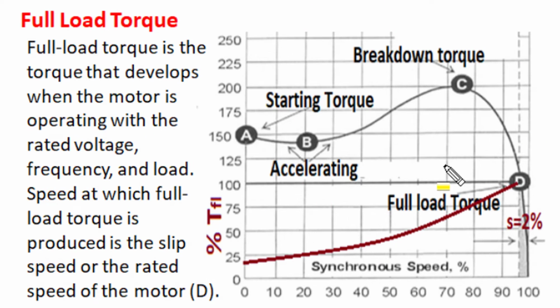requirement. As motor and load both accelerate to a certain specified speed or slip condition, the motor attains maximum torque capability, known as breakdown torque or pull-out torque position, and after that motoring torque will gradually and sharply decrease as speed increases or slip decreases, and at the same time the load torque requirement gradually increases as the motor attains higher and higher speed.